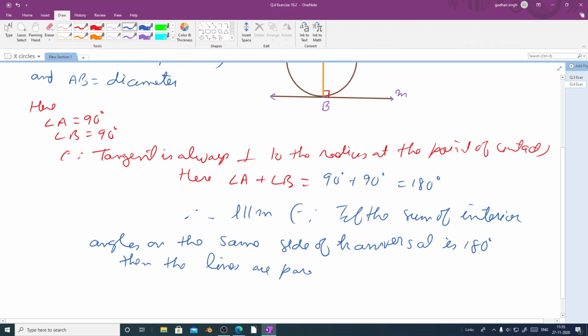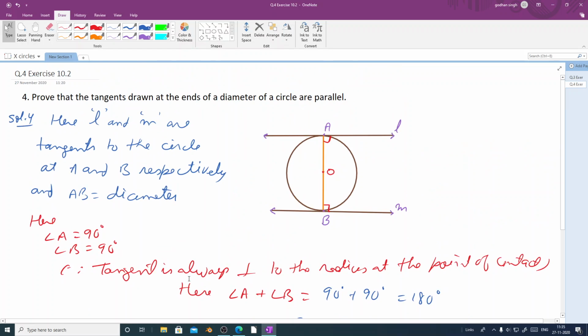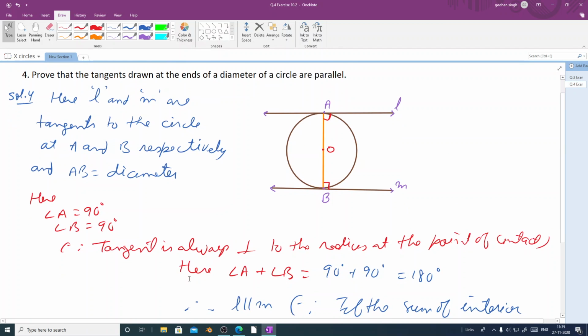So, with this, our question number 4, exercise 10.2 is complete.